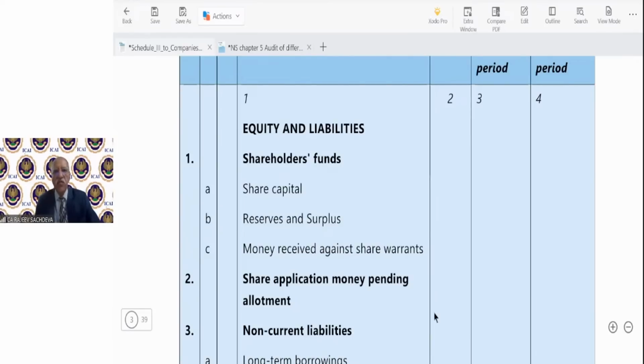When you go for audit, this chapter would be of much relevance for you. Each and every item of the financial statements and P&L, you would be studying how to audit. So each and every item is very important.